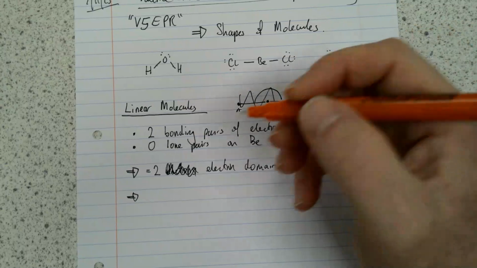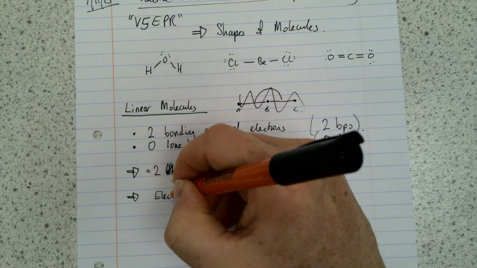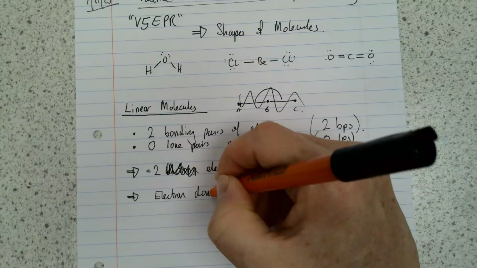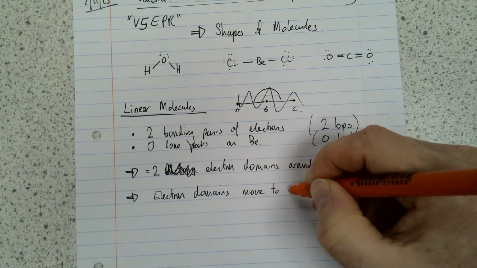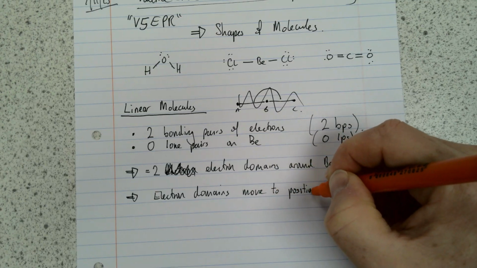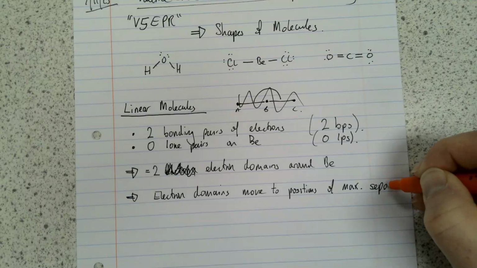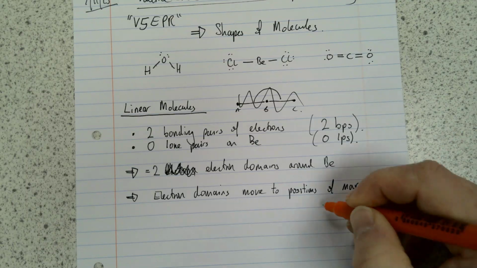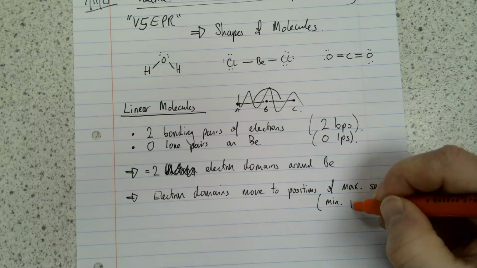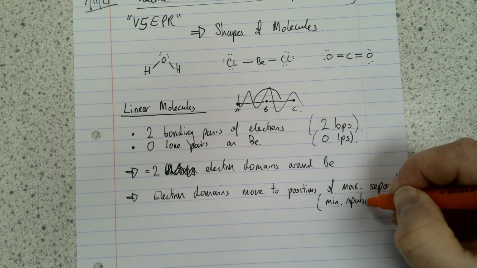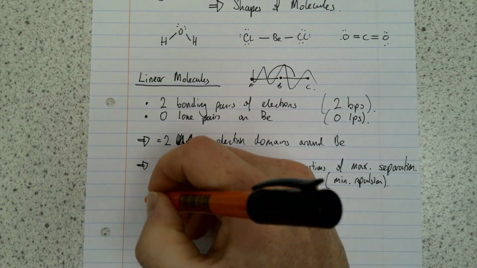And so what we say in an exam here is the electron domains move to positions of maximum separation. You can say minimum to minimize repulsion, or positions of minimum repulsion. In other words, they get as far away from each other as they can.